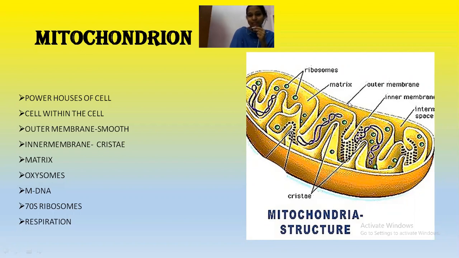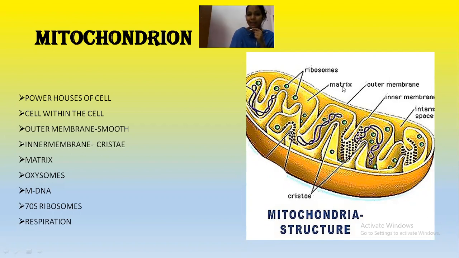If you observe clearly, the outer membrane of mitochondria is smooth. It does not have any foldings. But the inner membrane of mitochondria has infoldings. These infoldings of the inner membrane are called crests or cristae. In between these foldings, there is a matrix-like substance, an enzyme-rich and protein-rich substance.